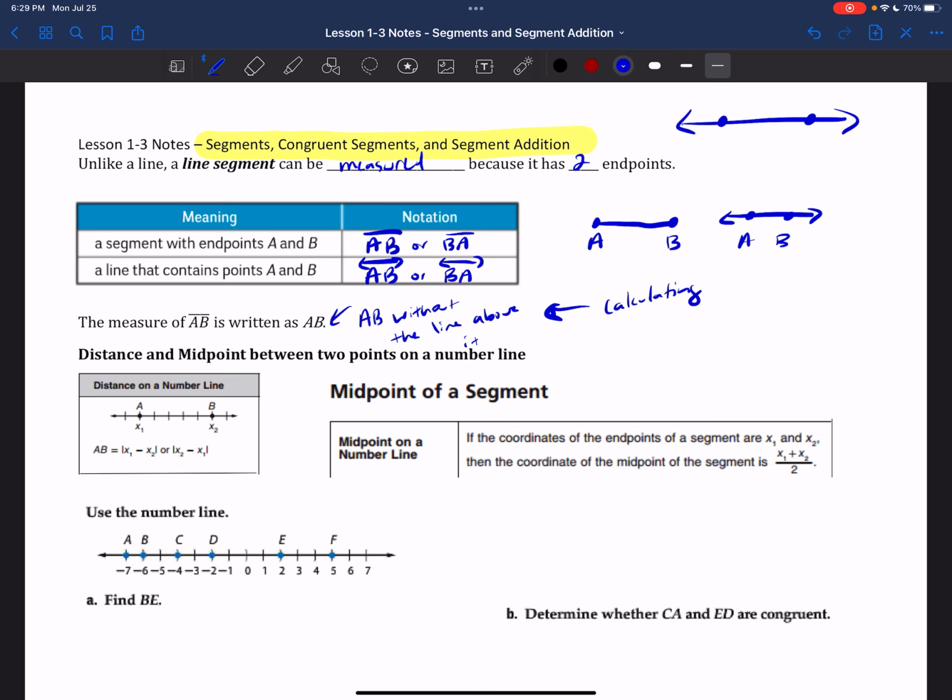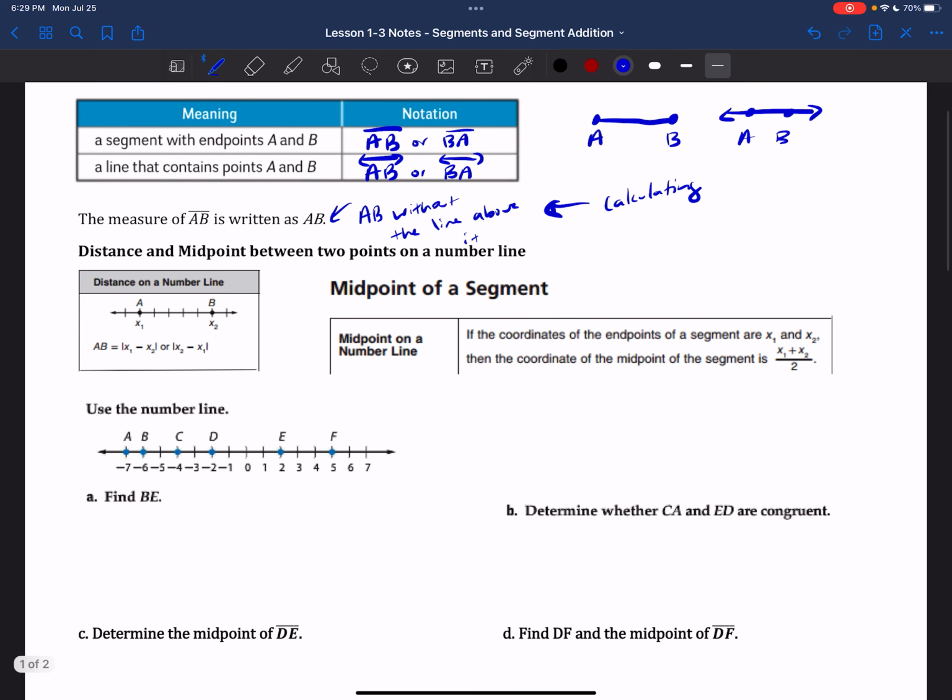Let's talk about the distance and midpoint between two points on a number line. Of course, you know what a number line is. It's just a line with some numbers on it.